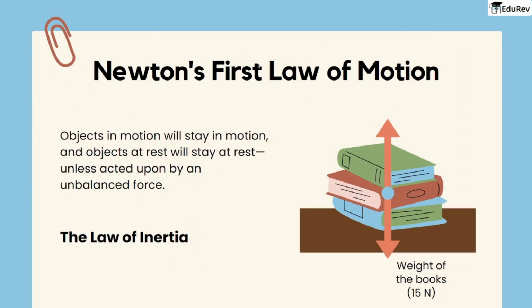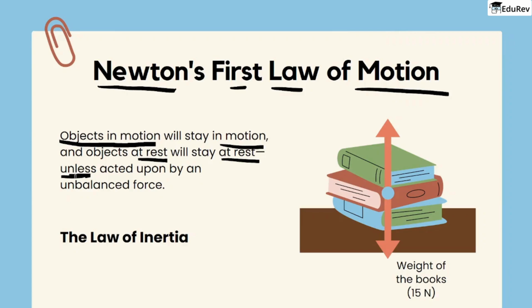Now, let's dive into the actual chapter with Newton's first law of motion. This law states objects in motion will stay in motion and objects at rest will stay at rest unless acted upon by an unbalanced force.